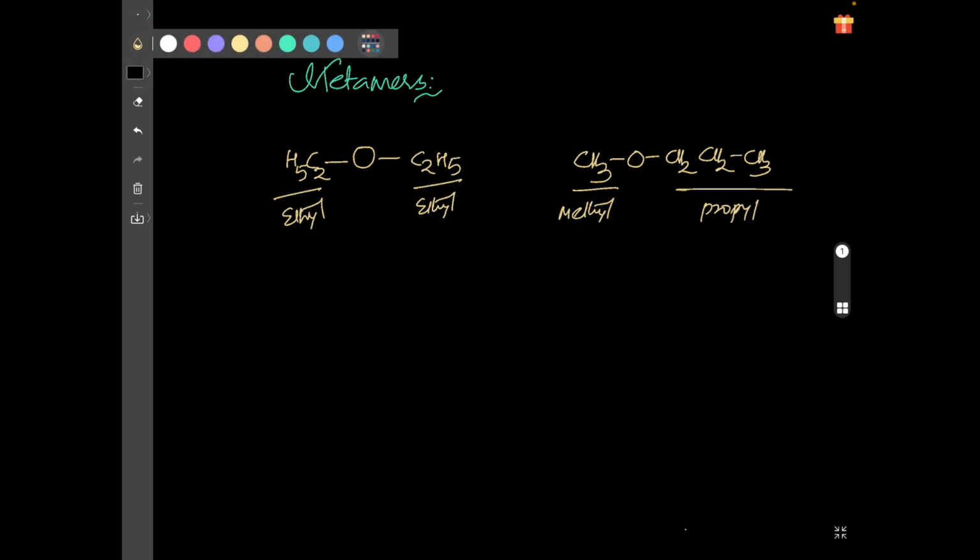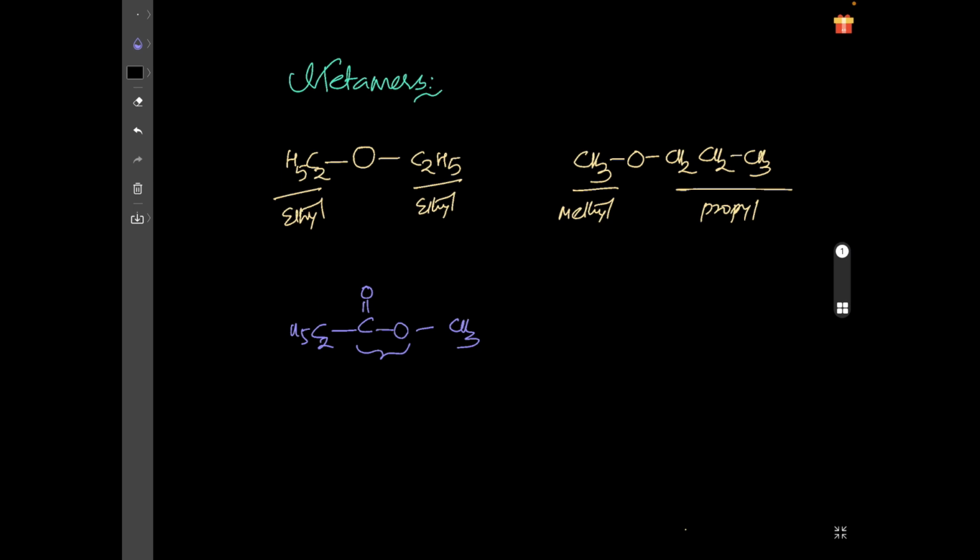The functional group is the same, C=O. This is the functional group. Here methyl, here ethyl. This is ethyl, this is methyl. Methyl propanoate, and here ethyl ethanoate. These kinds of compounds are called metamers.